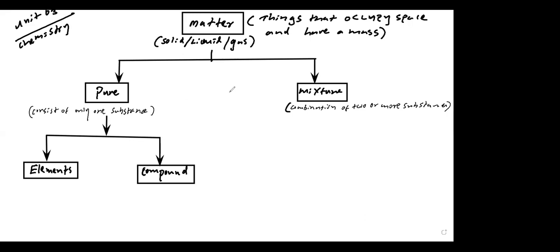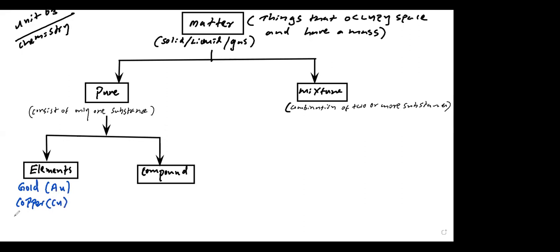The simplest method to identify whether something is pure or not is whether you can write a chemical formula. For example, gold is Au, that is pure. If you take copper, you can write the symbol Cu, consisting of only copper atoms, nothing else.